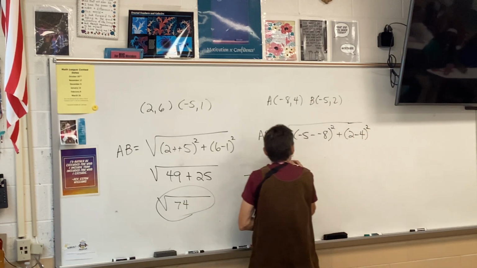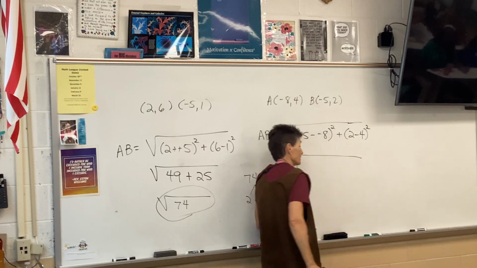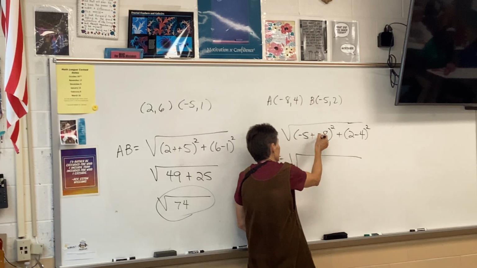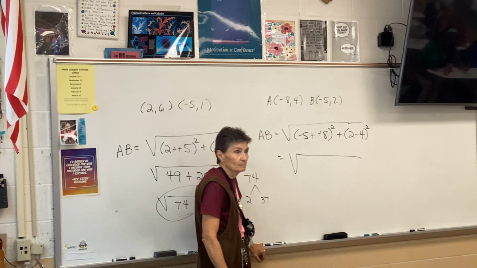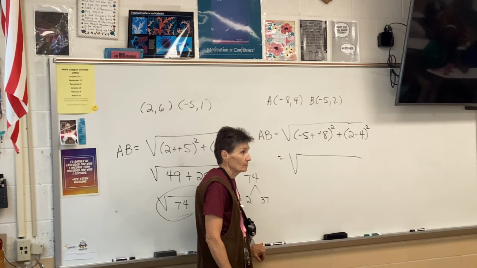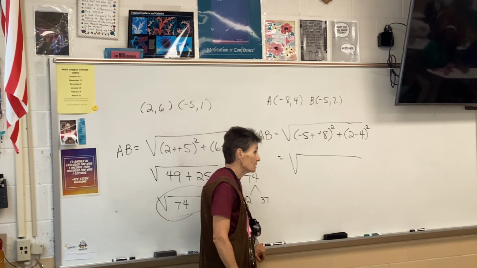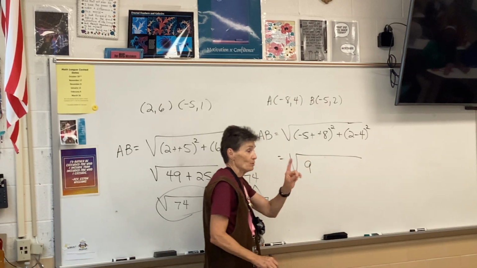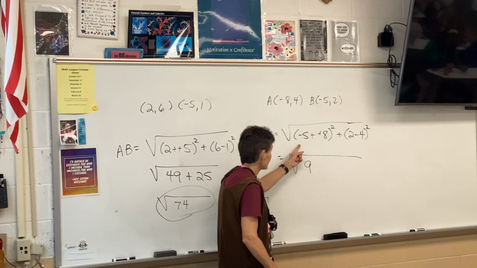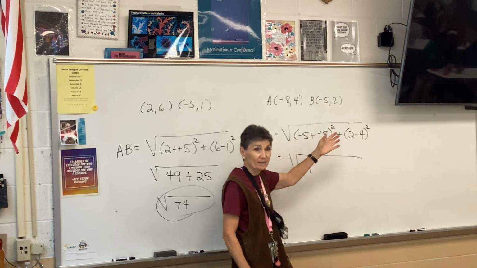Perfect. All right, let's not panic, let's do the math. Negative 5 plus 8, negative 8. 3, and I'm gonna square it, so that's gonna be 9. Now, no matter what, you should have gotten 9. When Carol subtracts, she gets 3.